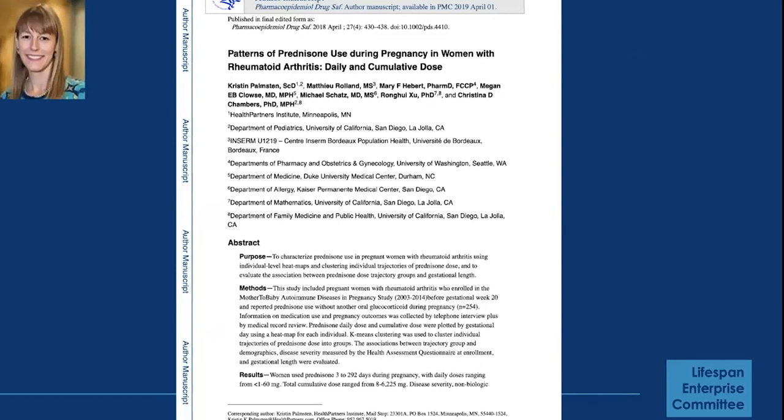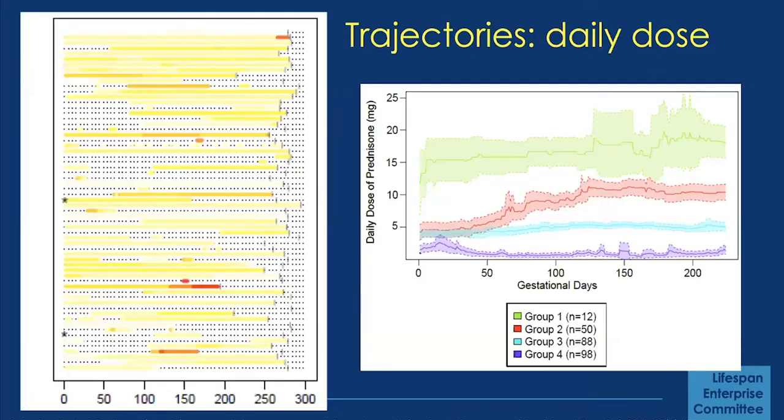And so the question was, could you still fit these trajectories with something that has a much more sporadic profile of use than something that tends to have a more smooth distribution. In Dr. Palmsten's study, you can see that oral corticosteroids really are taken differently by different women.